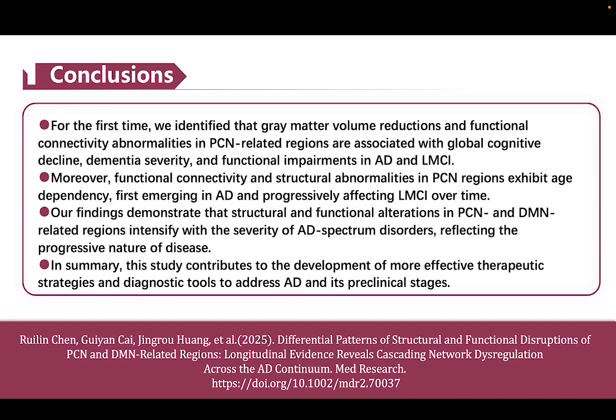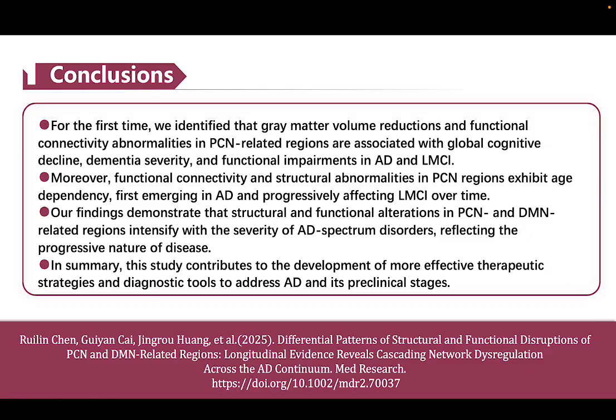This study provides novel insights into the pathophysiological basis of functional network dysfunction within 2 precuneus-related networks across the AD continuum. For the first time, we found that gray matter volume and functional connectivity abnormalities in PCN-related regions are associated with global cognition, dementia severity, and functional impairments in both AD and LMCI.